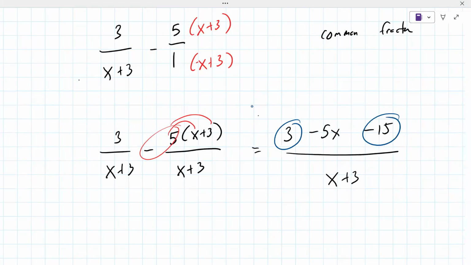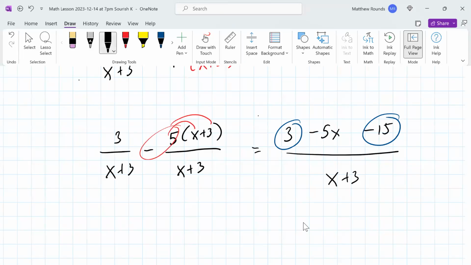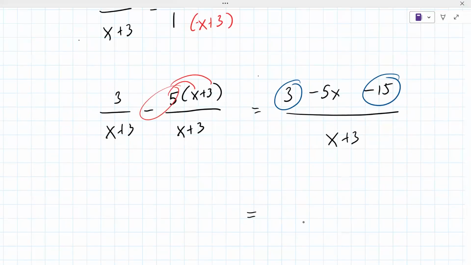Yes, 3 and -15. What do they add up to? -15 plus 3. Should I use my calculator? Sure.